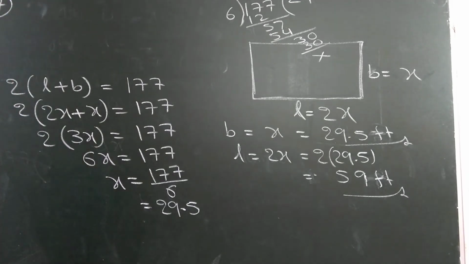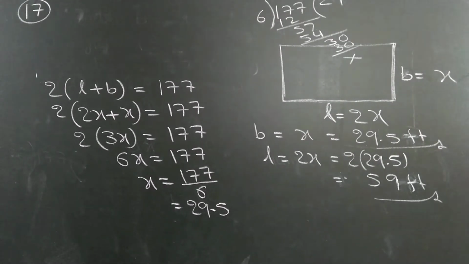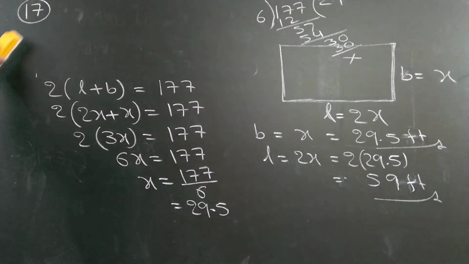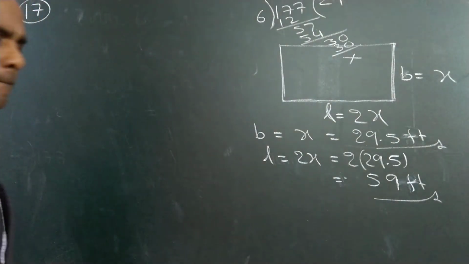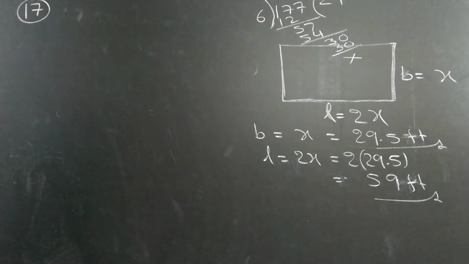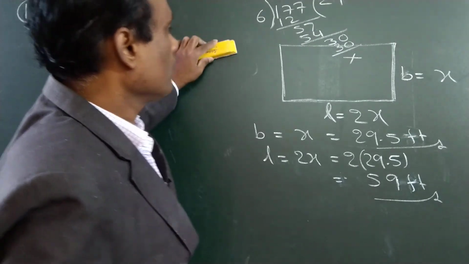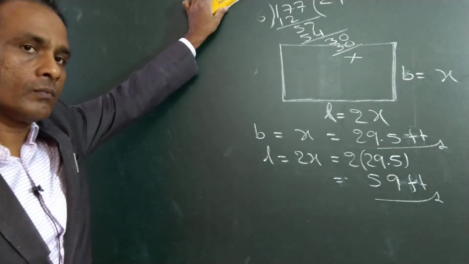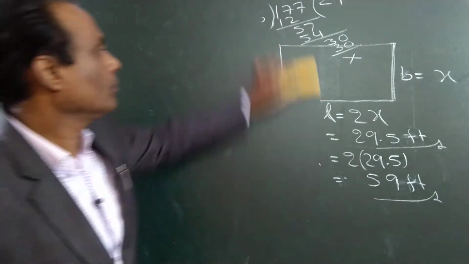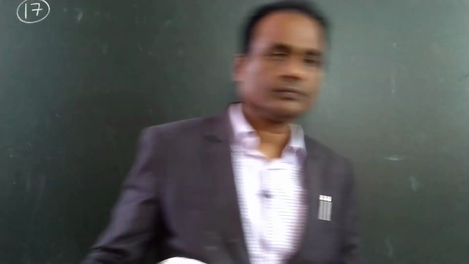Seventeenth question. The sum of the page numbers on the facing pages of a book is 373.